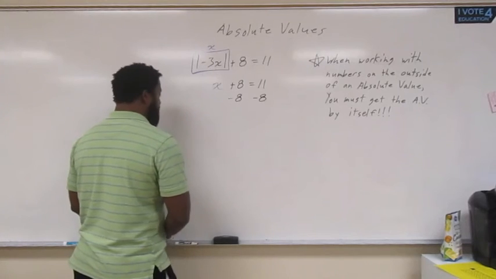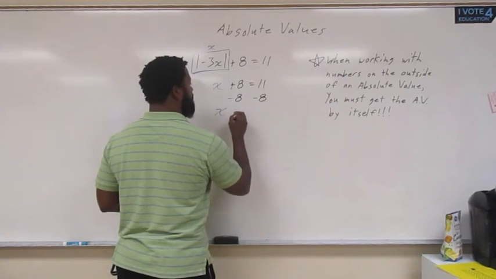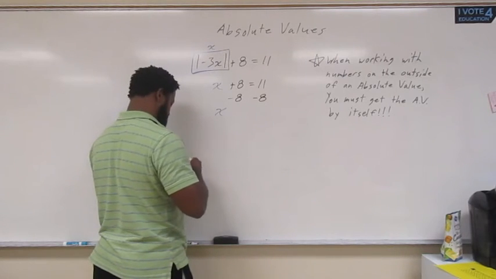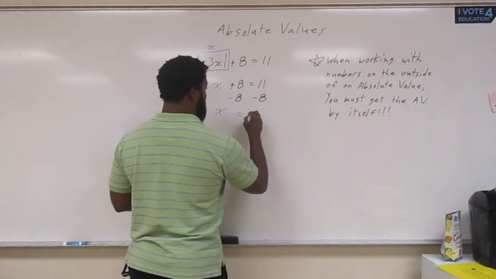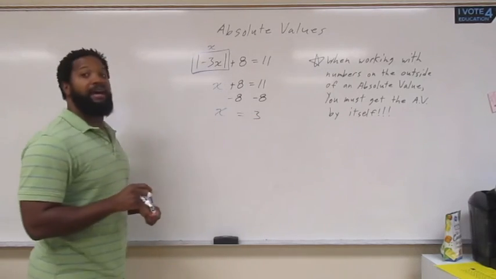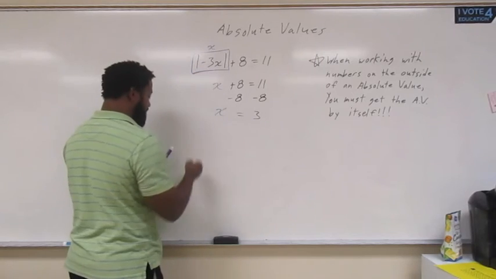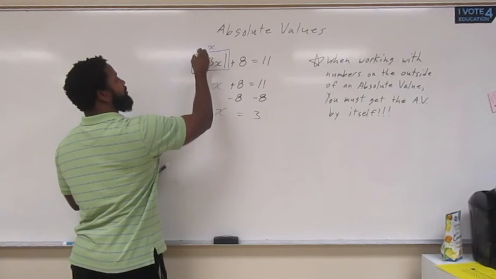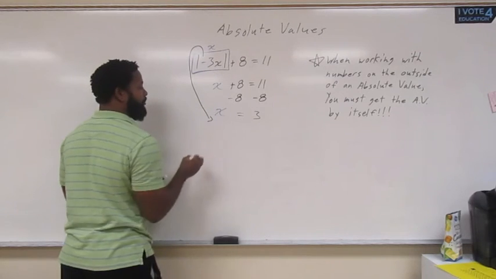So therefore, x is equal to, x is equal to what? 3, okay? Now, when I have my x by itself, that's when I take my absolute value out of the box and bring it back down.